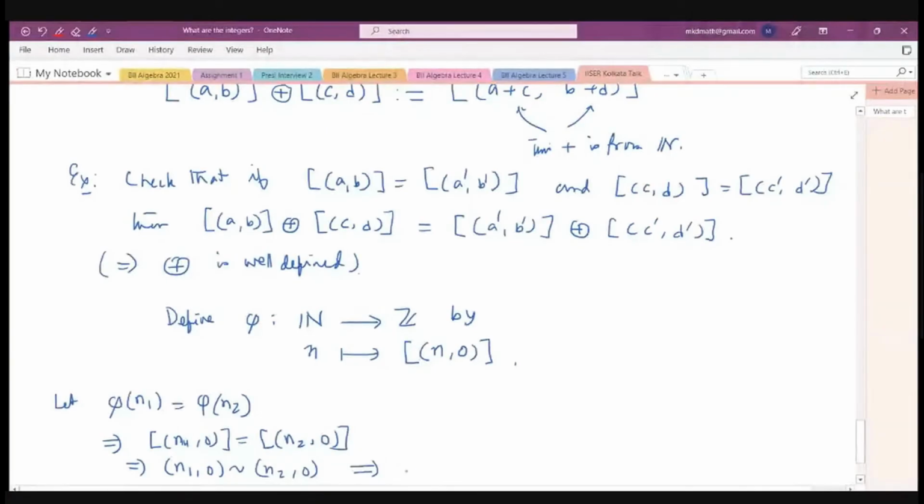So n1 plus 0 is equal to n2 plus 0. So this implies n1 equal to n2. So phi is injective.